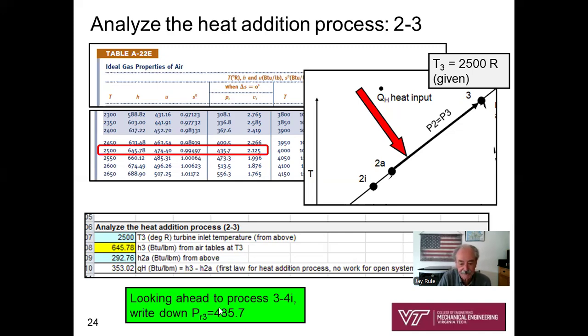I made a little green box here, made a note. Okay, so H3, 645.78. What am I looking for? I'm looking for QH added, the first law for the heat addition process, H3 minus H2A, because there's no work done in the heat addition process, constant pressure. QH is 353 BTUs per pound mass.